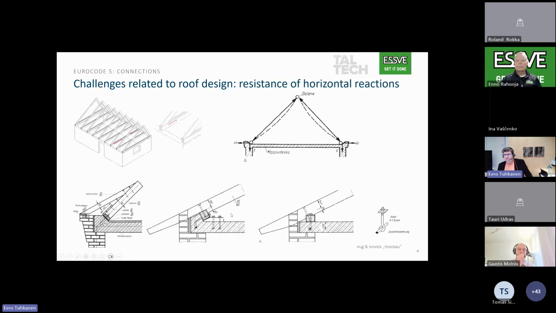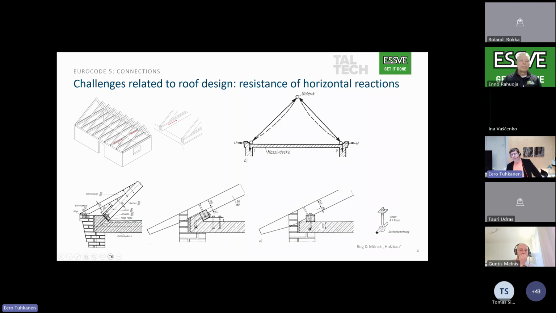The next challenge is related to resistance of horizontal reactions. When we have a two-pitched roof, we always get these horizontal forces, and this is the simplest roof structure. You can calculate this basically by hand, you don't need any particular software, but the challenge here is how to take this horizontal reaction.